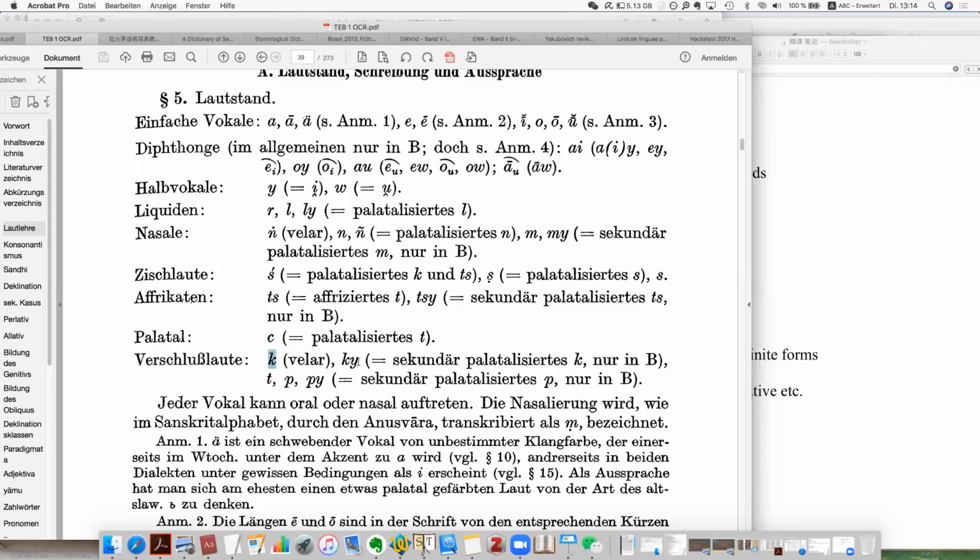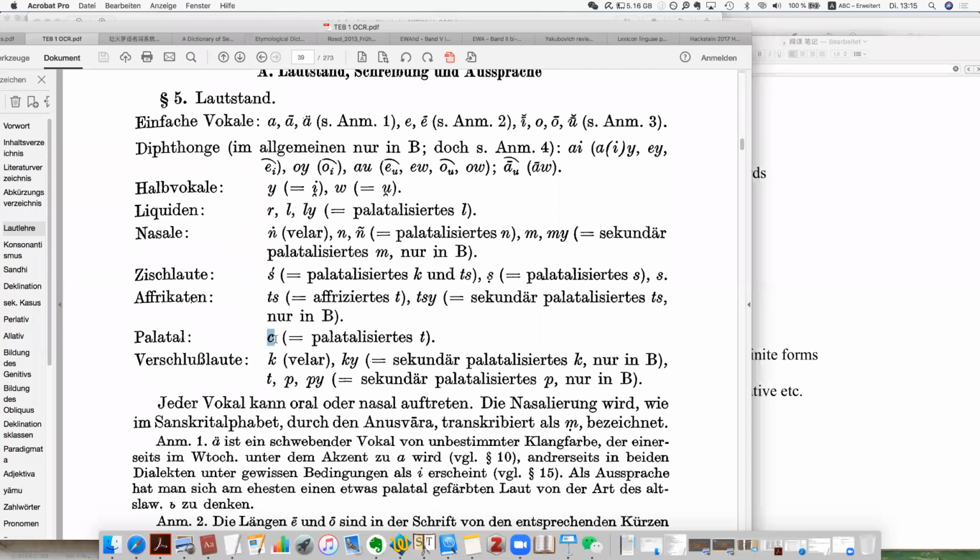K, sometimes kia, but it is not so frequent. And t and p, and this is also palatalized p. So this is basically the original Tocharian consonants.